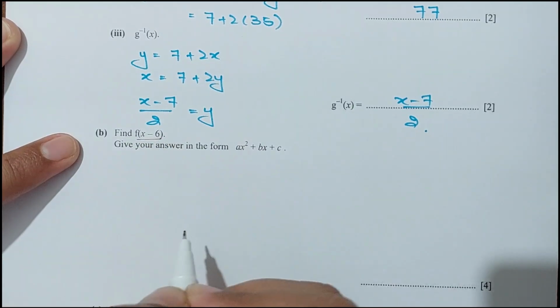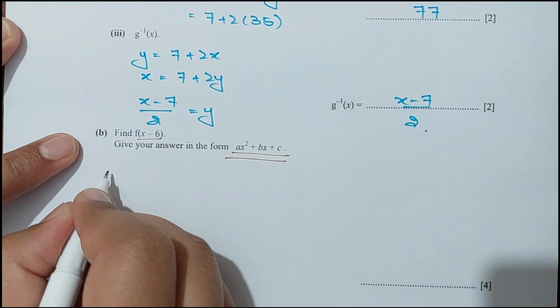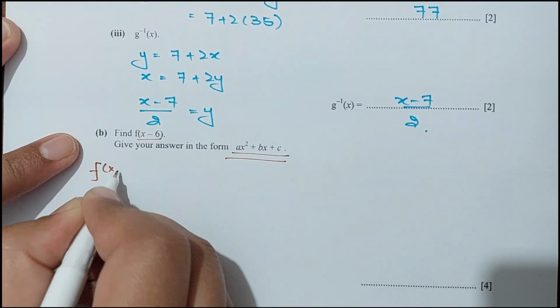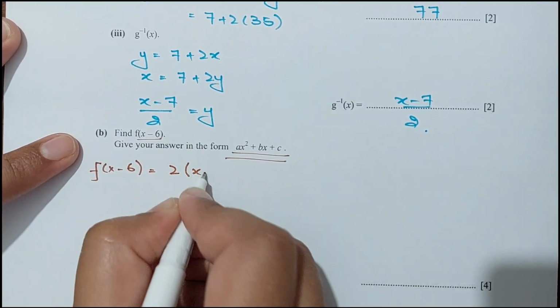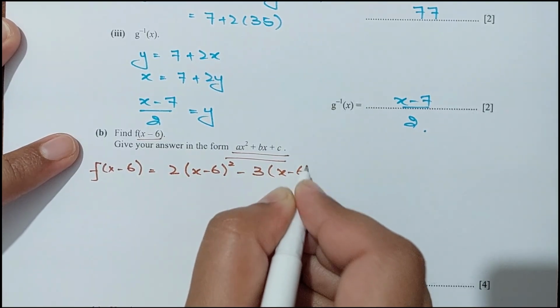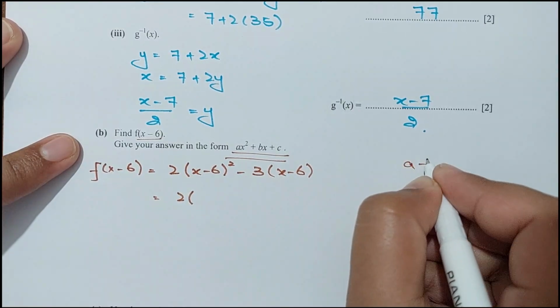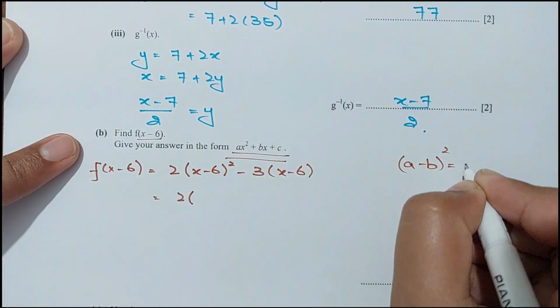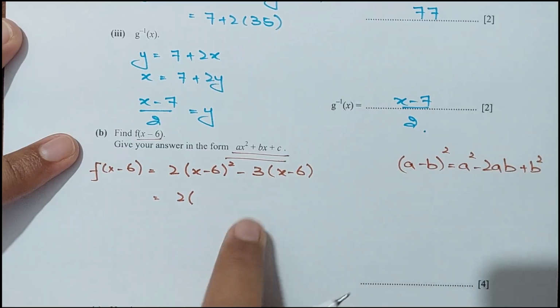Part B. Find f of x minus 6. Give your answer in this form. Okay. F of x minus 6. X is replaced by x minus 6, so 2 into (x minus 6) square minus 3 into (x minus 6). 2 into, open the square using the formula (a minus b) whole square, a square minus 2ab plus b square.